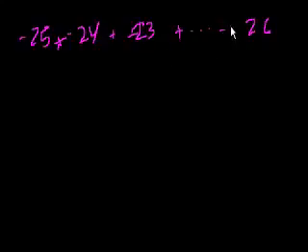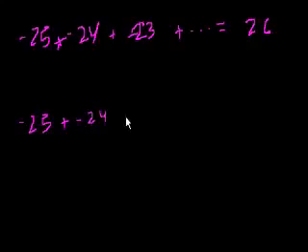Right? So what do we know? We know that when we go from minus 25 plus minus 24 plus minus 23, we're going to go all the way to 0. And then we're going to keep adding 1 plus 2 plus 3 plus 4. Well, let me write it this way.